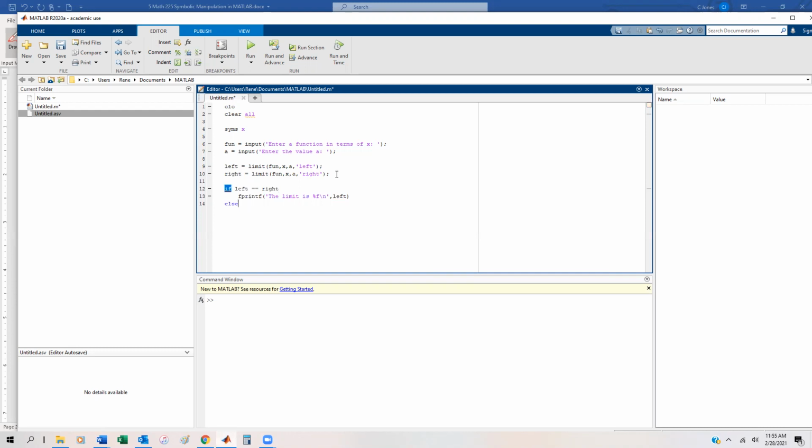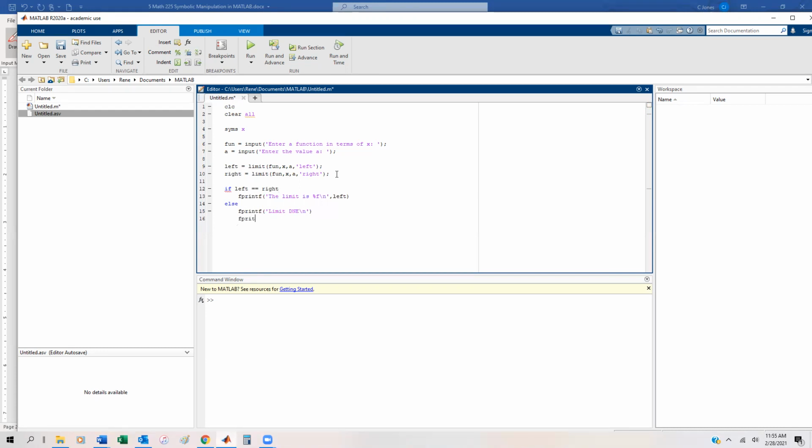Now we're going to say else, if they don't equal, then we're going to fprintf 'Limit does not exist.' And here's the reason.